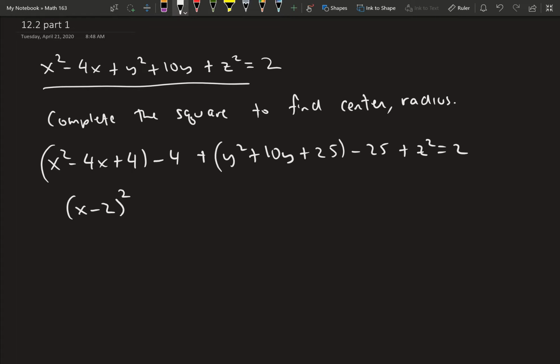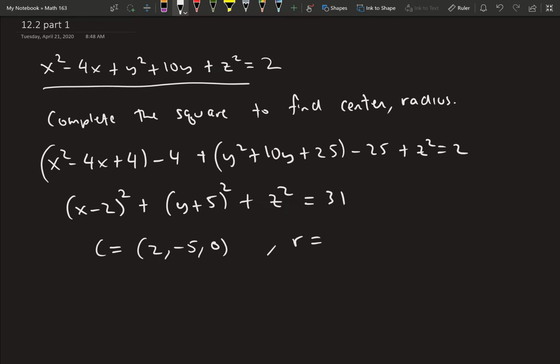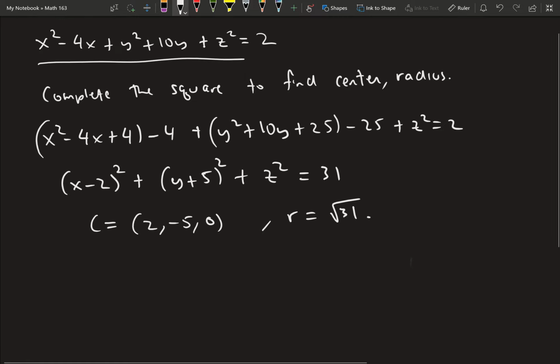So we end up with x minus 2 squared plus y plus 5 squared, oops, forgot about the z squared here, plus z squared is equal to 31. And so our center here is 2, negative 5, 0. And the radius is the square root of 31. Okay, so this is one type of problem.